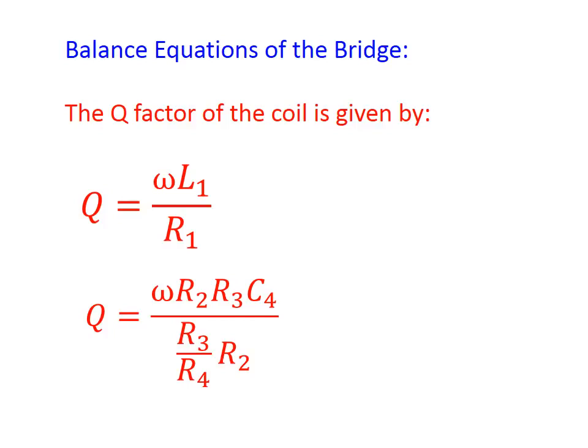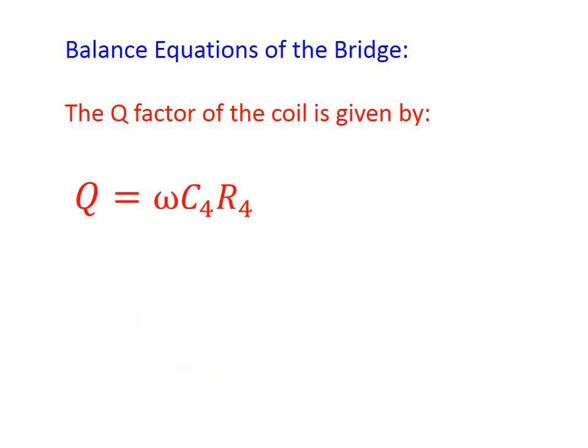Q equal to omega R2 R3 C4 divided by R3 upon R4 multiplied by R2. This yields a simple expression for the Q factor of the coil: Q equal to omega C4 R4 for the given frequency of excitation omega.